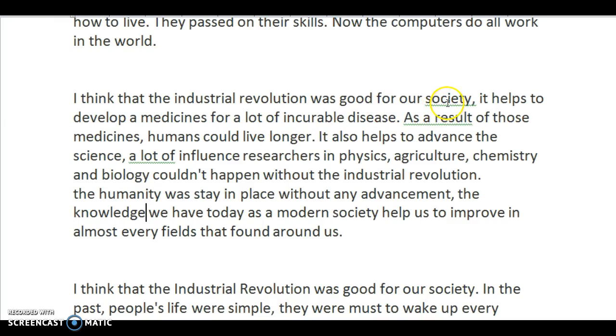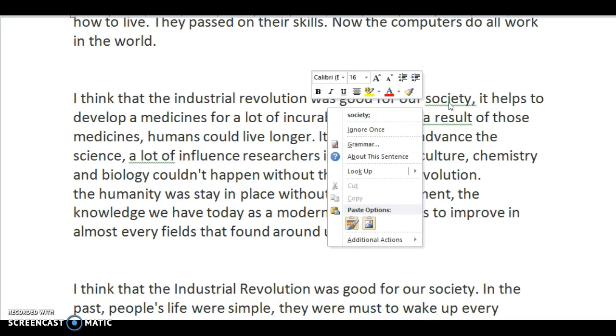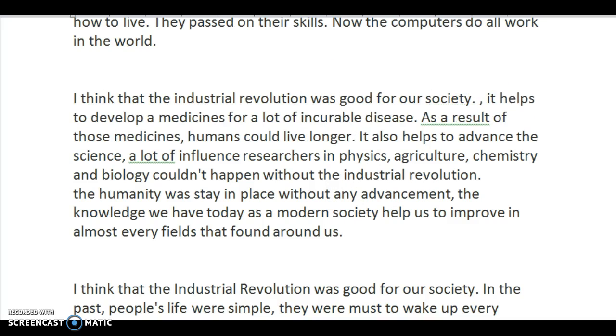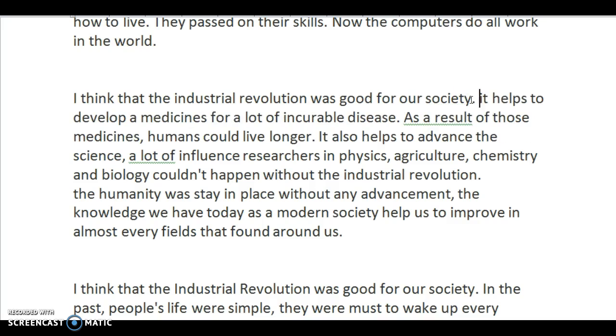So, yeah, I've got a few. It was good for our society. I think that the Industrial Revolution was good for our society. That's the end of an idea. We have a new sentence. So what do we need here? Or no, how do we connect it? That doesn't work either. I think the Industrial Revolution was good for our society. It helps to develop medicines for a lot of incurable diseases.